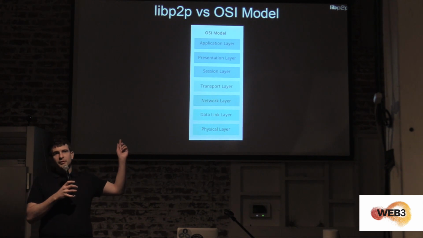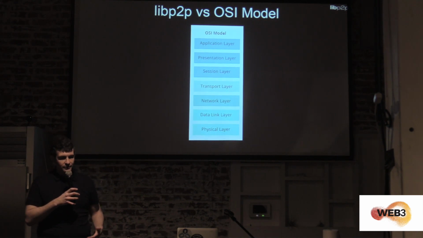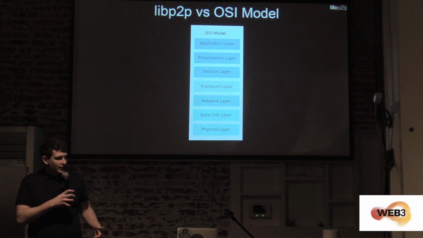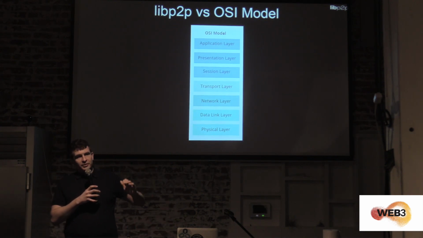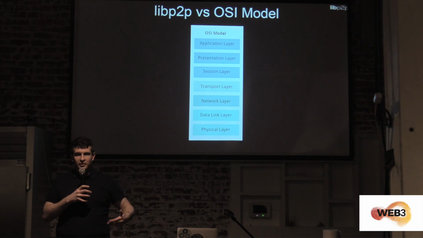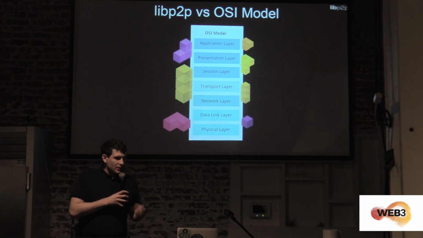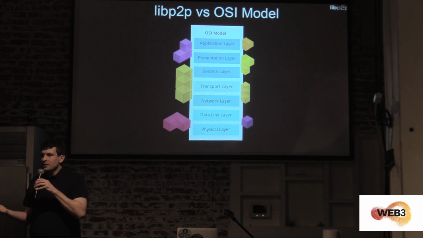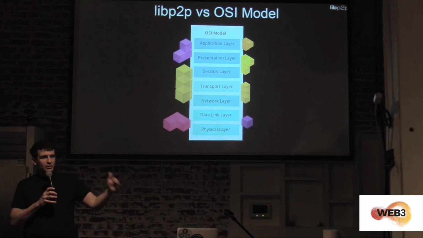Most of you are probably familiar with the OSI 7-layer model. This is what's taught in every networking textbook since the late 1980s, I think. The OSI model prescribes a very specific set of layers, and the idea is each layer sees just a black box below it. It doesn't know anything about what's going on below it. We have a different take, which is that components within the Libp2p networking stack actually span multiple layers in the OSI model.